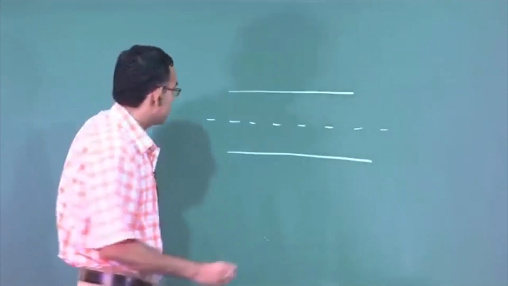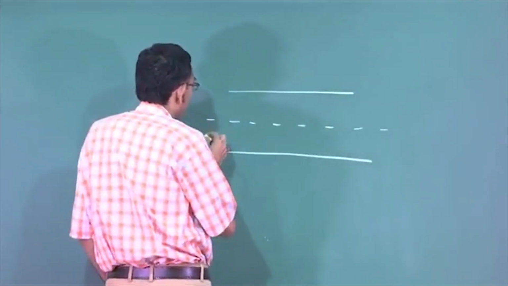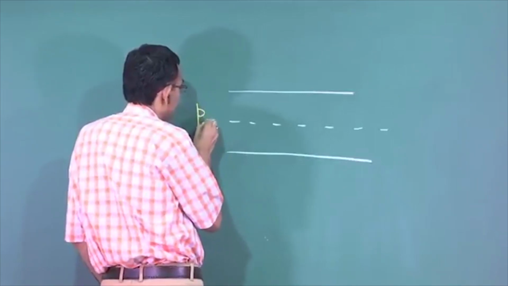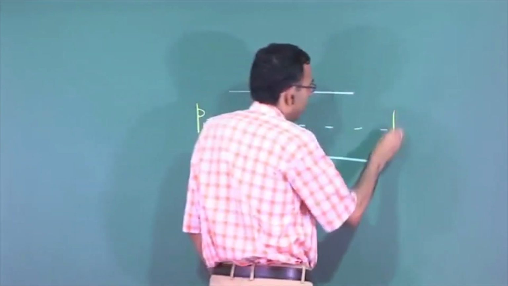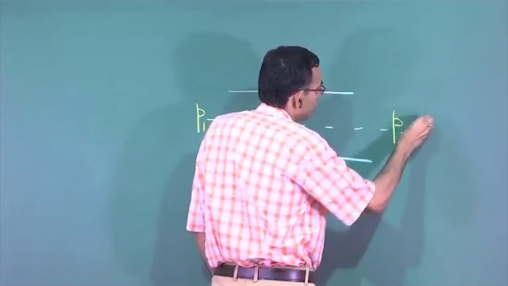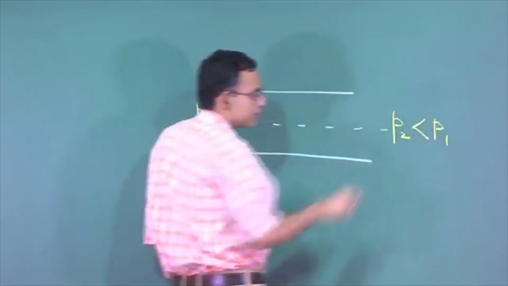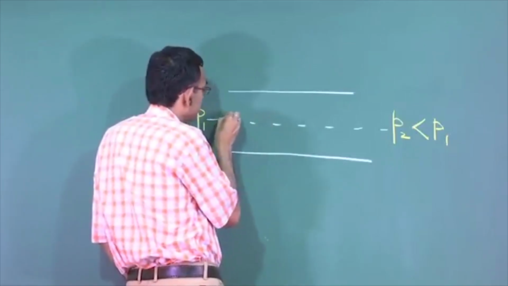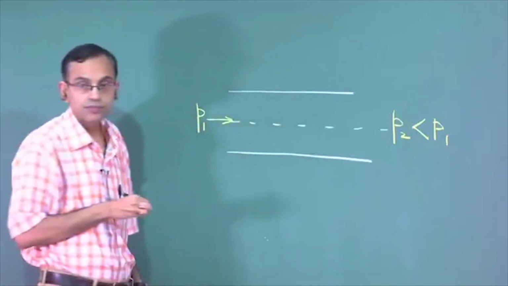So, how you are driving the flow is you are having a pressure P1 here, and here you are having a pressure P2 which is less than P1, and by virtue of this pressure difference the fluid is flowing.